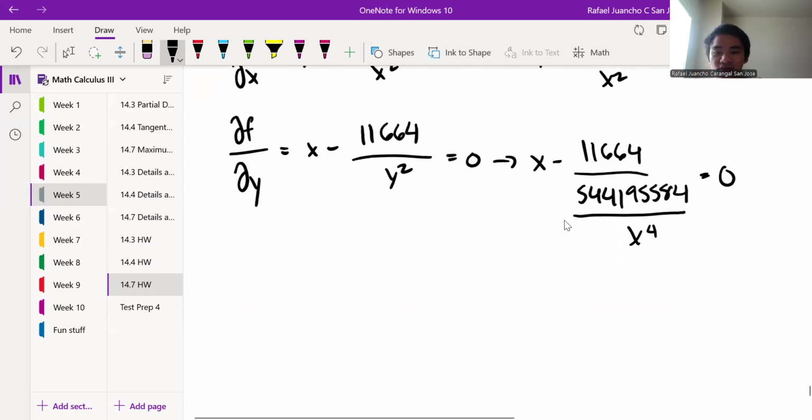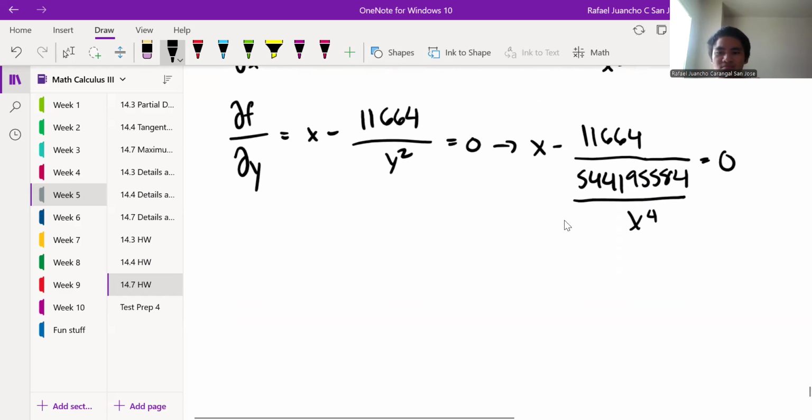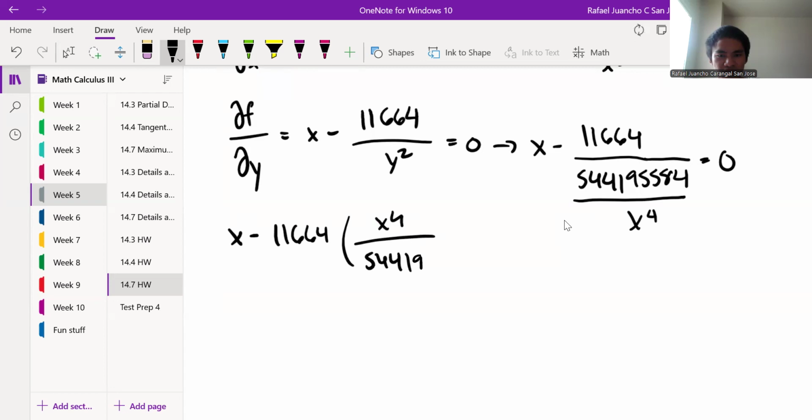And then from there, I could simplify this. So this thing divided by 11664. Okay, so here I would actually get 11664 times x to the fourth over that big number. If I divide both of them by this value, this is 1 and this is 46656.